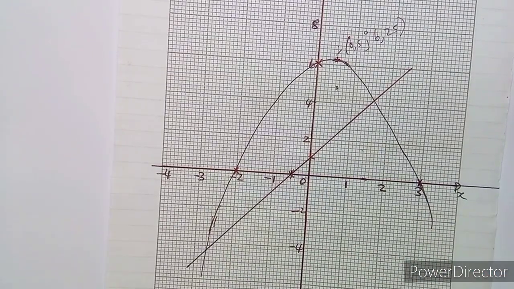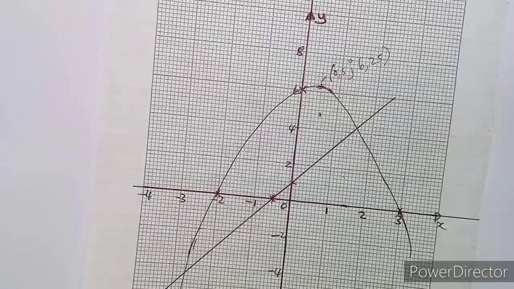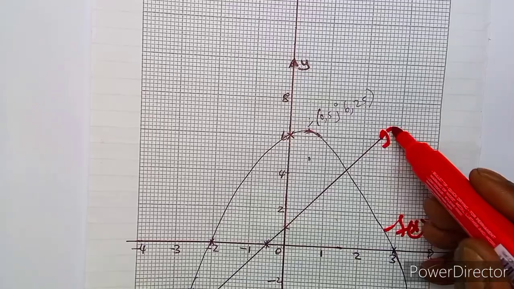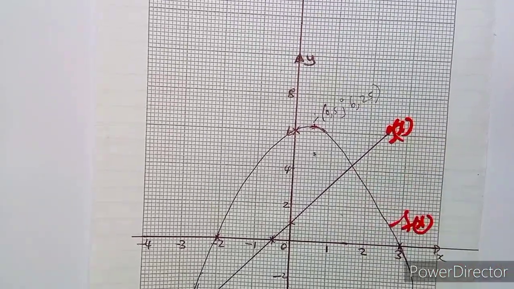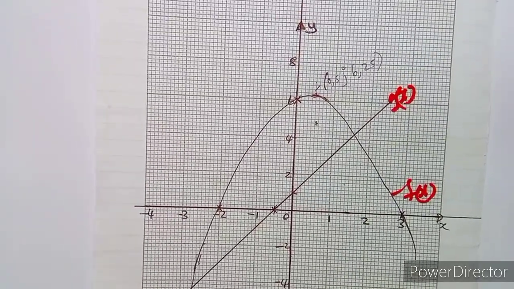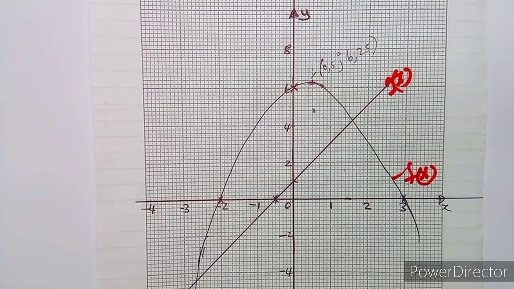Just like that. So this is our f(x) here, and this is our g(x). These are the two. Now, because of the graph that you're using, here I'm just giving you what it was supposed to actually look like.